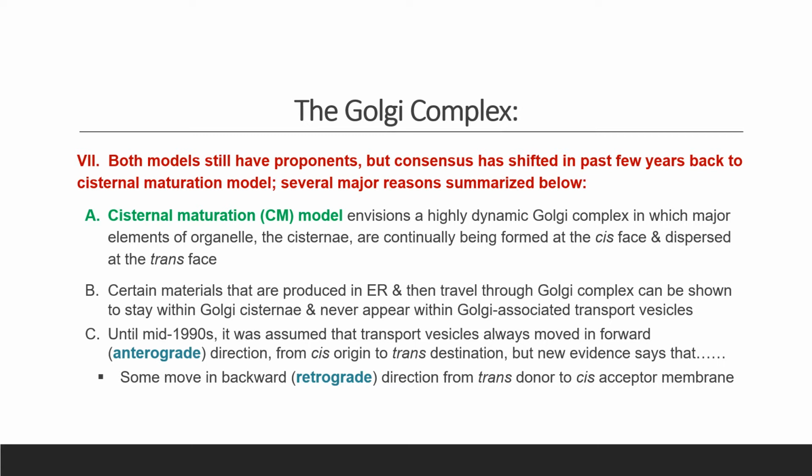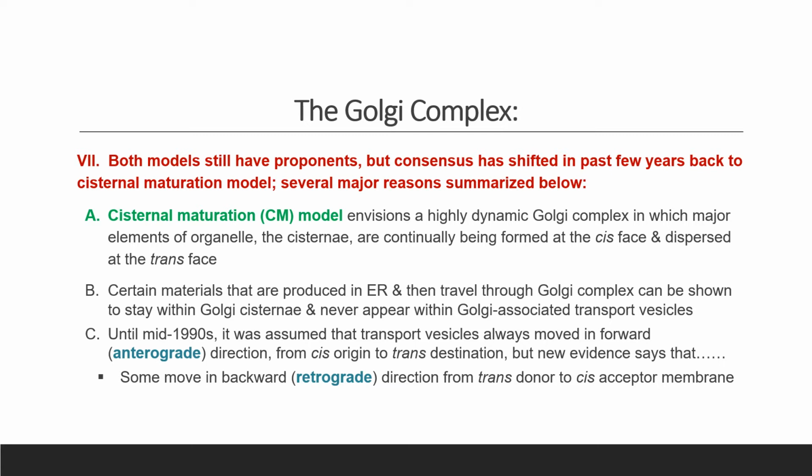The cisternal maturation model envisions a highly dynamic Golgi complex in which major elements of the organelle, the cisternae, are continually being formed at the cis face and dispersed at the trans face. Certain materials that are produced in the ER and then travel through the Golgi complex can be shown to stay within Golgi cisternae and never appear within the Golgi-associated transport vesicles.